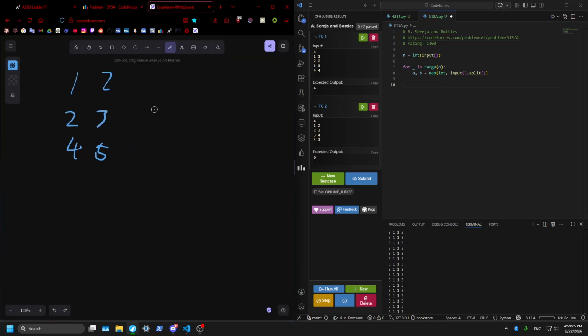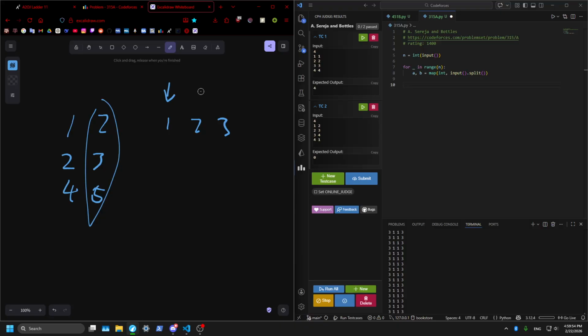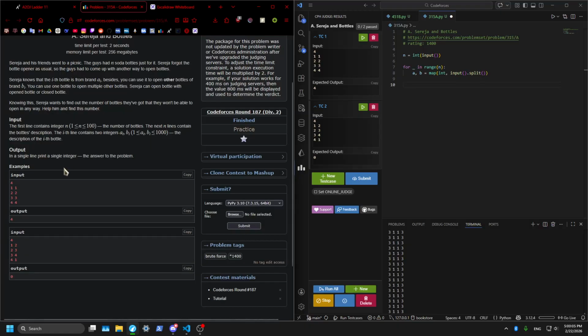We have bottle 1, 2, and 3. Is there anything that can open 1? No. Is there anything that can open 2? 1. Yes. Is there anything that can open 3? 2. Yes. So it's 2. I think I get it. So in this case, 4.